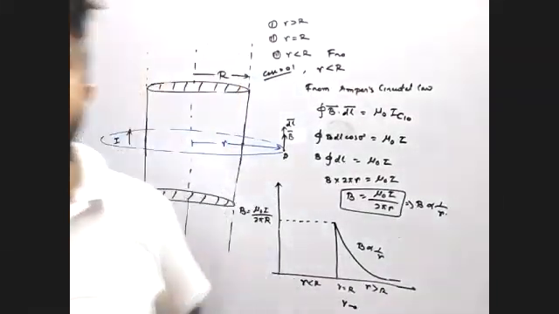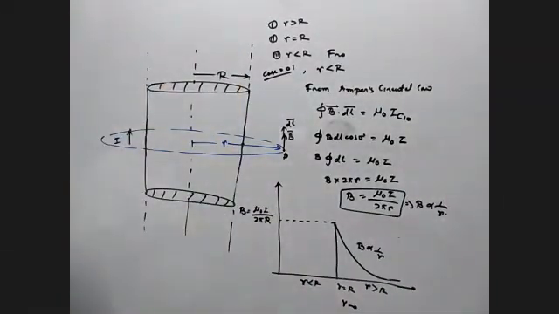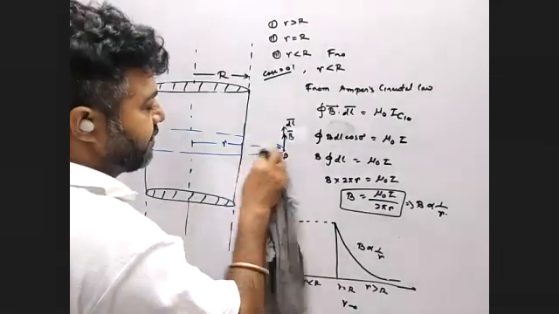Now case two and case one are exactly the same. The only difference is that in case two, instead of small r it is capital R, meaning on the surface. In the figure, it is not outside, it is on the surface.